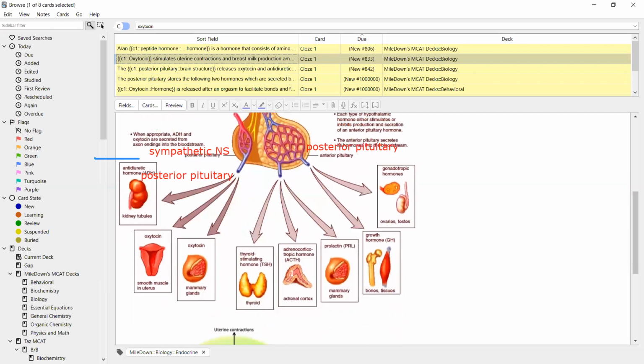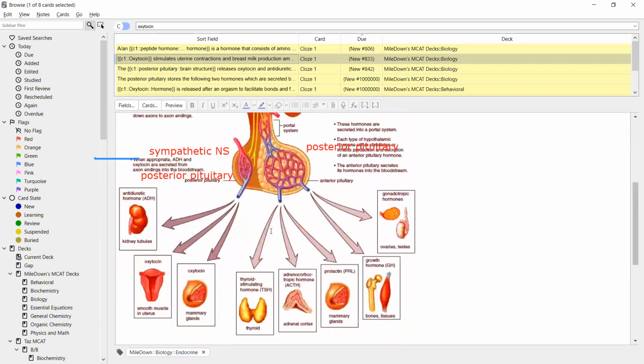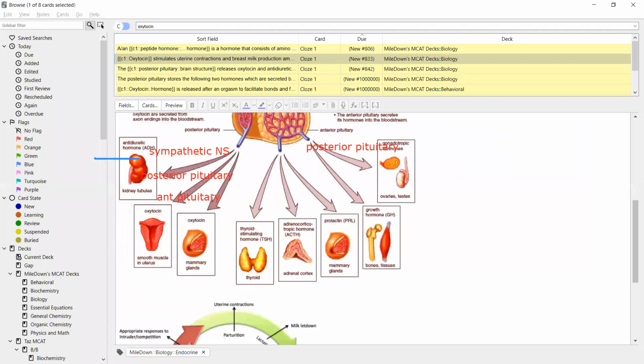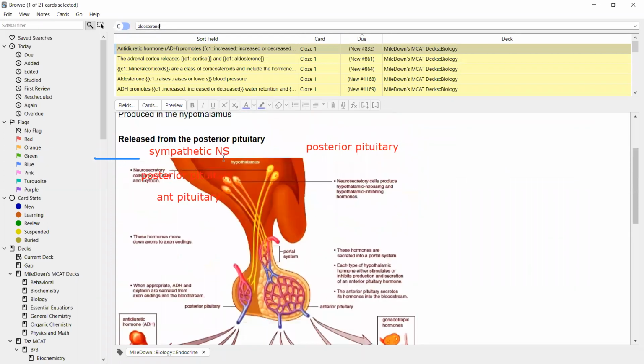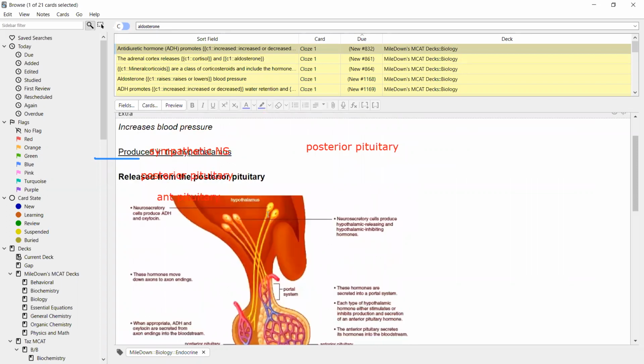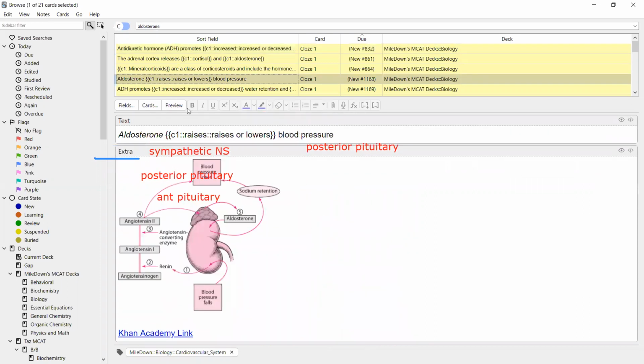Oh no, the posterior pituitary releases antidiuretic hormone, not aldosterone.